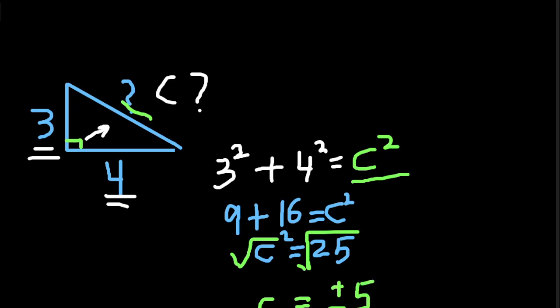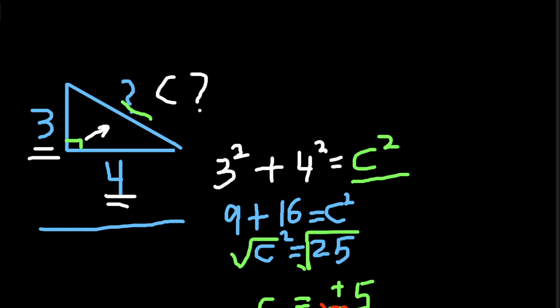However, when we're doing geometry or shapes in general, you cannot have a side of -5. So we can get rid of the minus. So C must be 5. Normally when you square root a number, you need to do the plus or minus, but because it's a shape, we don't need to do the minus part.